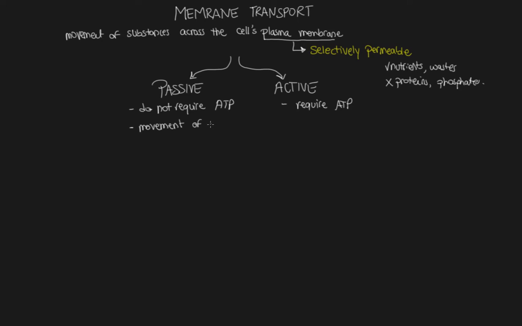So movement of solutes or substances down the concentration gradient, or difference in concentration. And so we're going to look at different examples of passive transport.